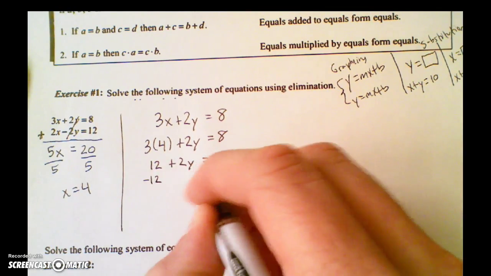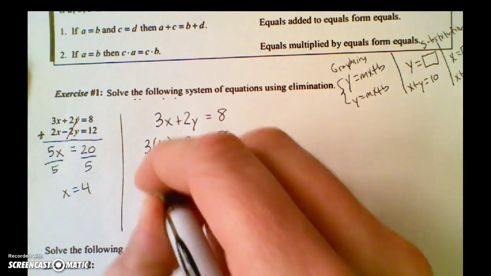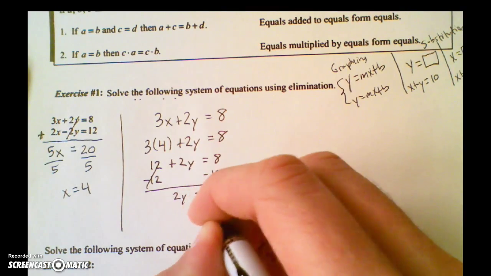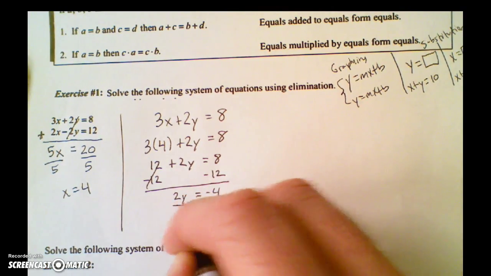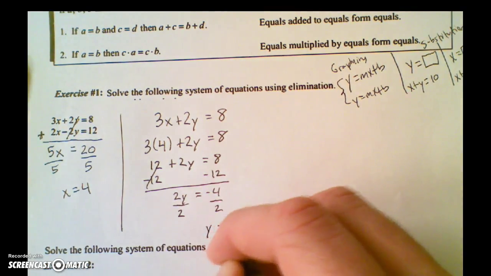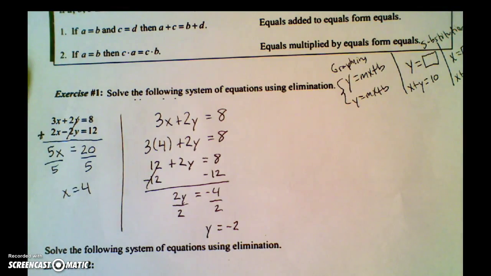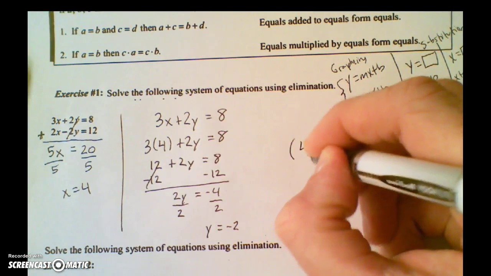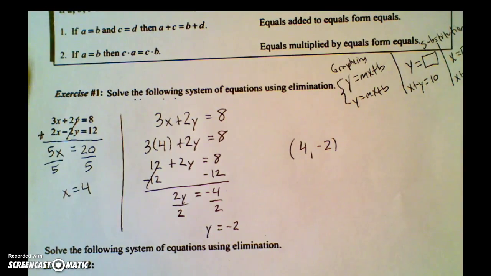Subtract 12 on both sides. 2y equals negative 4. Divide by 2. y equals negative 2. So my solution for this problem is (4, -2).